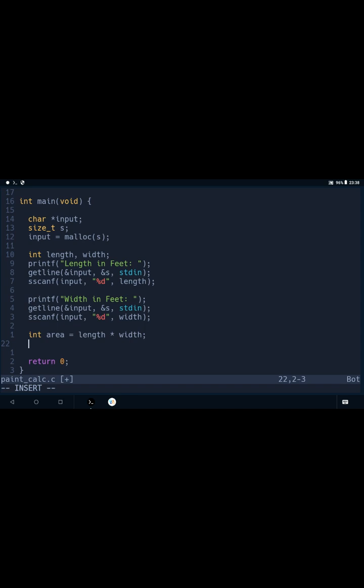So the number of gallons would be area divided by area per gallon.